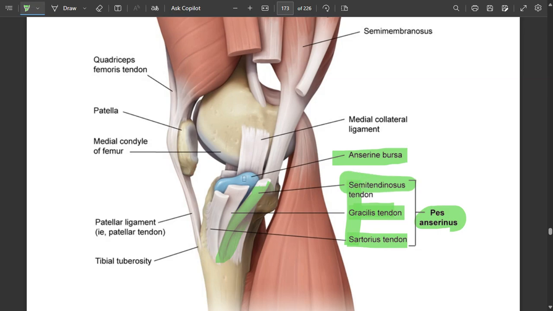Below or behind it is the anserine bursa, and just inside the anserine bursa is the medial collateral ligament.